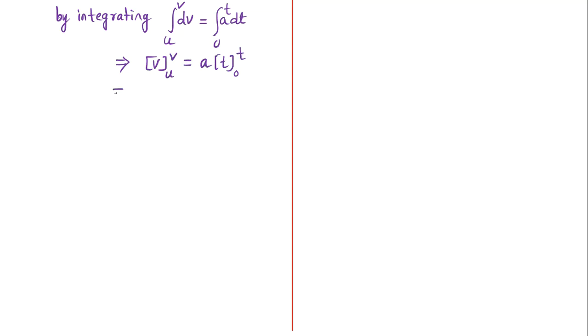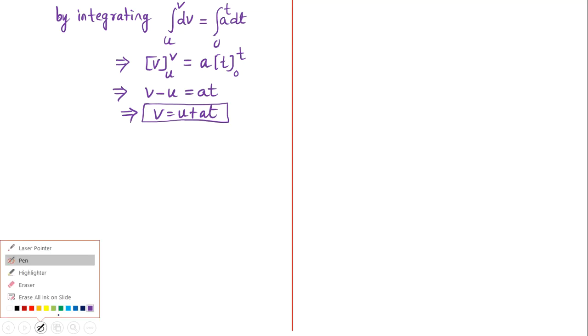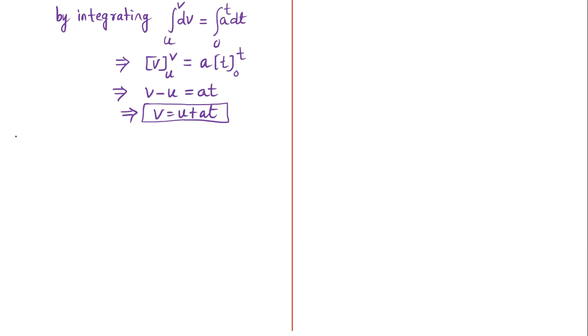So it becomes v minus u equal to at, or I can write v equal to u plus at. One equation clear? This is the first equation. Then what is the second equation?